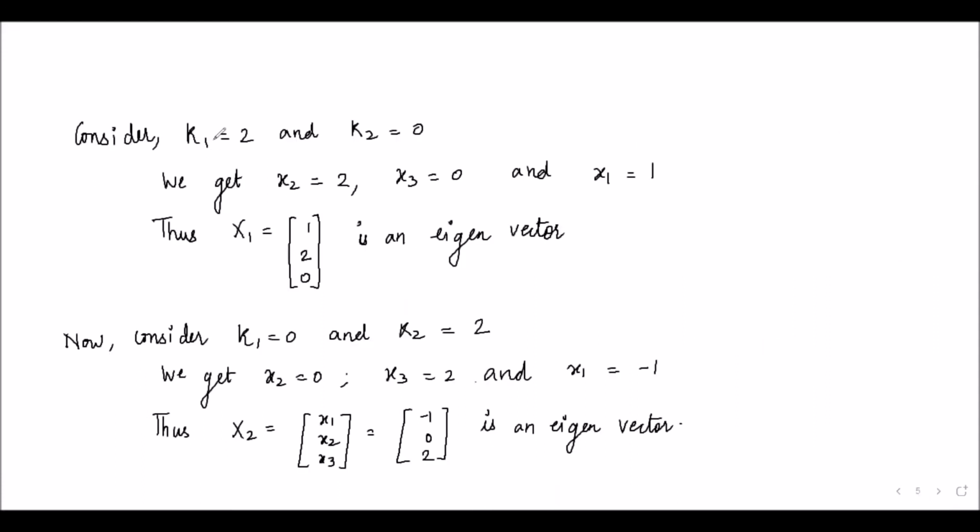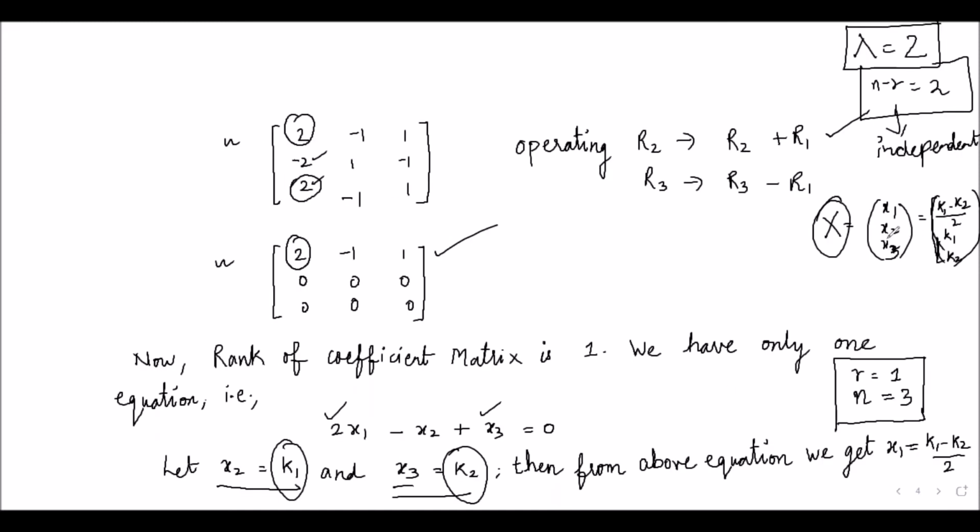So we are considering firstly k1 as 2, k2 as 0. It is not necessary that you consider this set of values. You can consider any other set of values. I am considering here k1 as 2 and k2 as 0. k1 is x2. It means x2 is 2 and x3 is k2, so x3 will be 0.